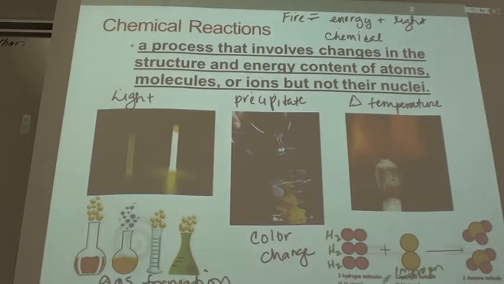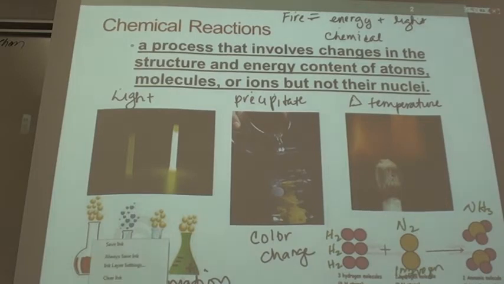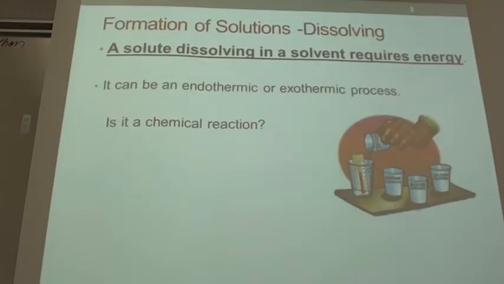These 3 hydrogen molecules containing 6 hydrogen atoms are going to react with this diatomic nitrogen to form 2 ammonia particles, NH3 and NH3. The hallmark of a chemical reaction is what you start with is not the same as what you end up with. A new substance has been formed.